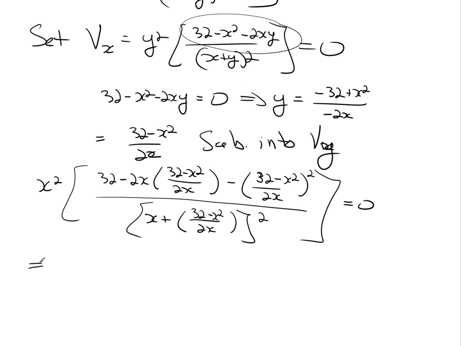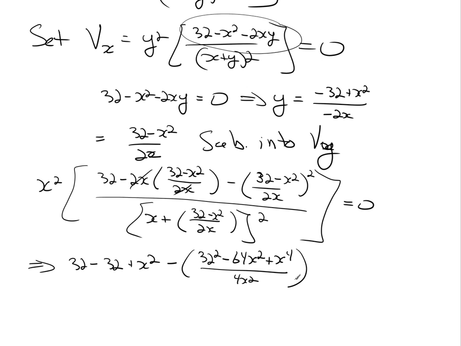So that would give me that I need 32 minus, well, if I distribute this here, I'm going to have 32 minus 32 plus x squared minus, let's see, I'm going to have 32 squared minus 64x squared plus x to the fourth over 4x squared. That's got to be 0.